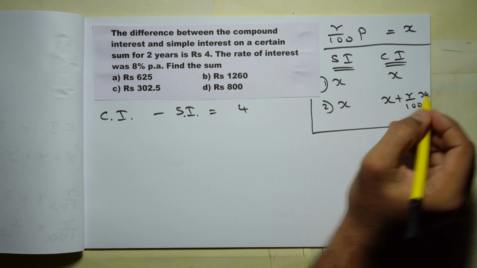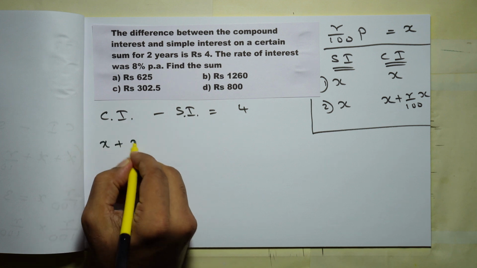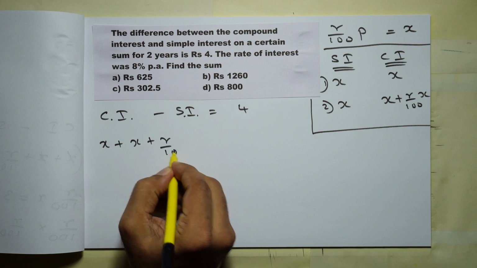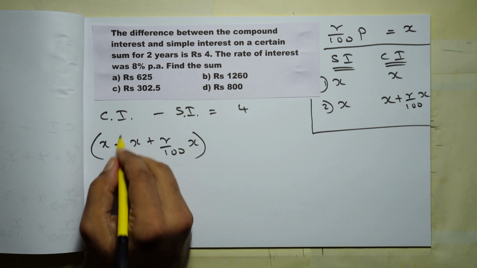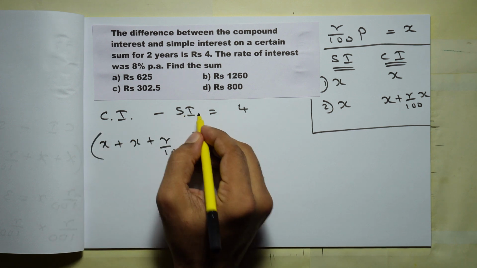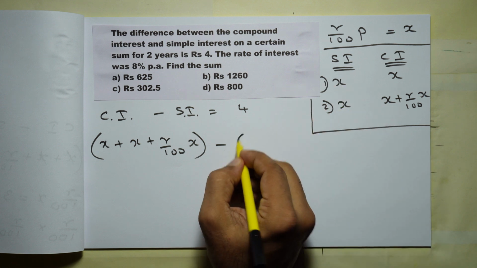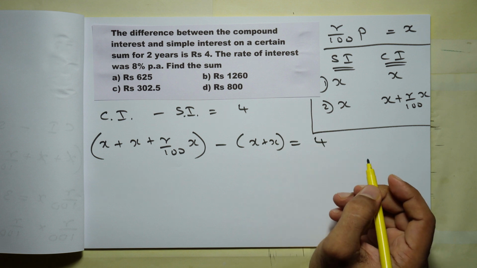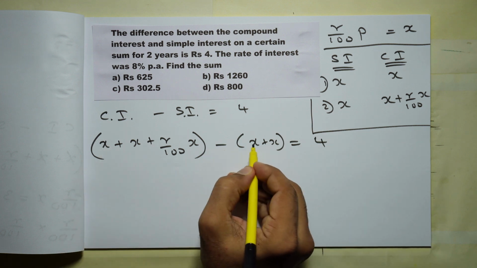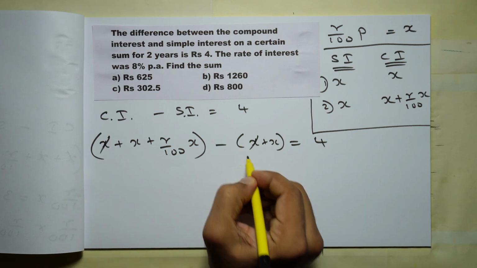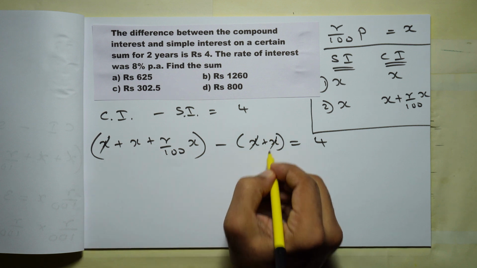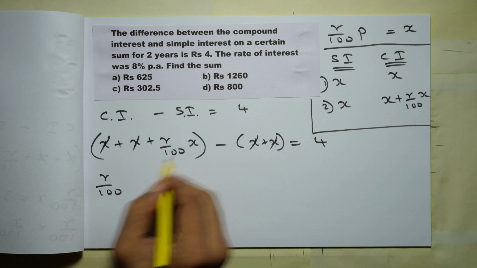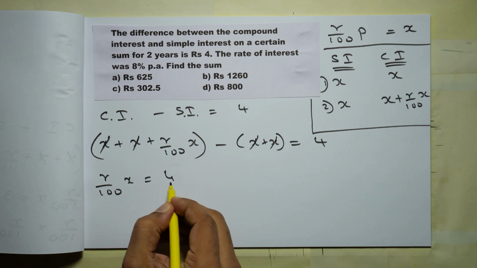This is the compound interest for 2 years minus simple interest for 2 years, that is x plus x. And that difference is equal to 4. Now here minus x and x will cancel out, and plus x and minus x will cancel out. So what we get is r percent of x is equal to 4.